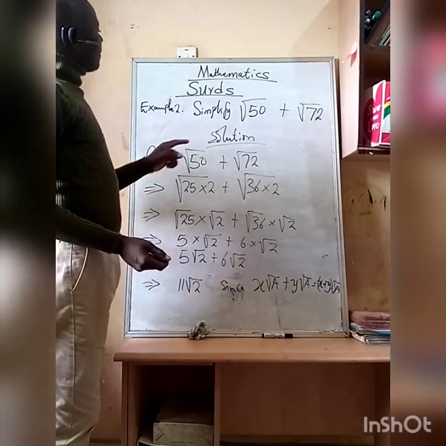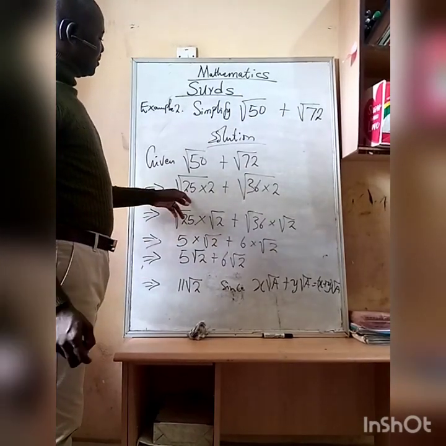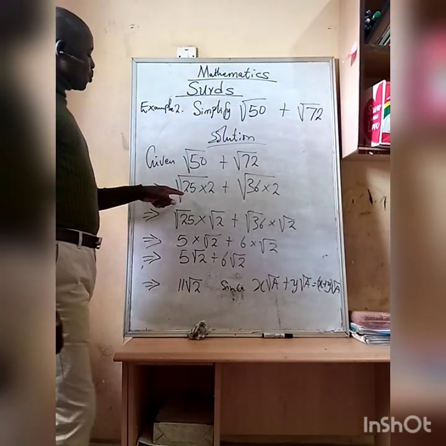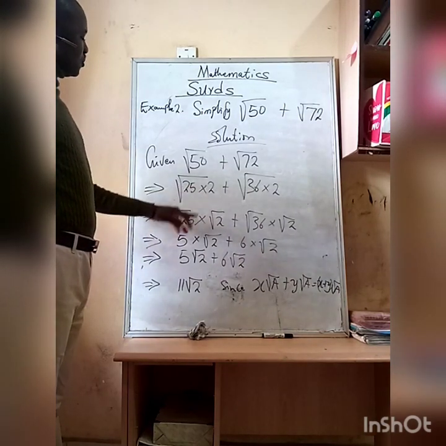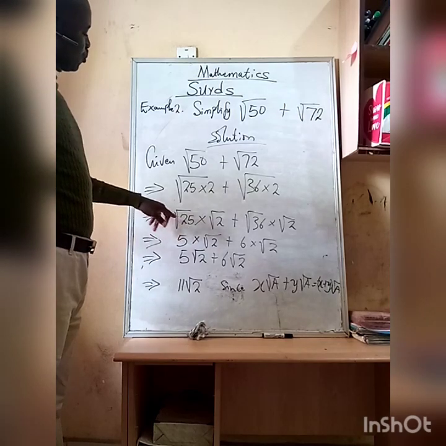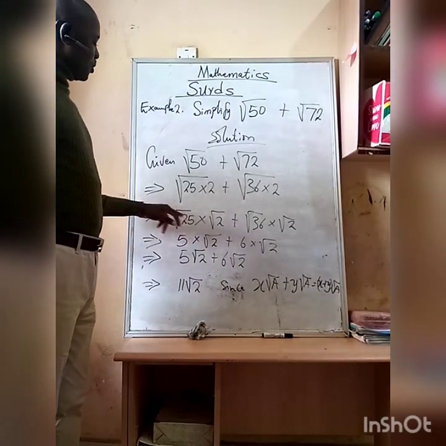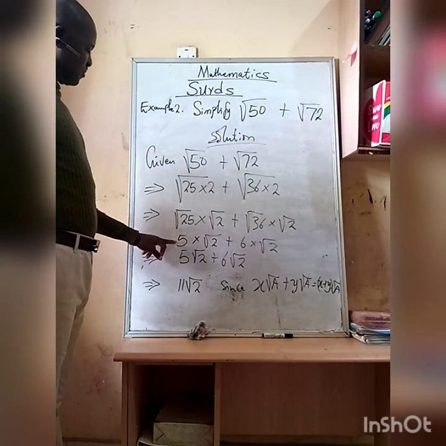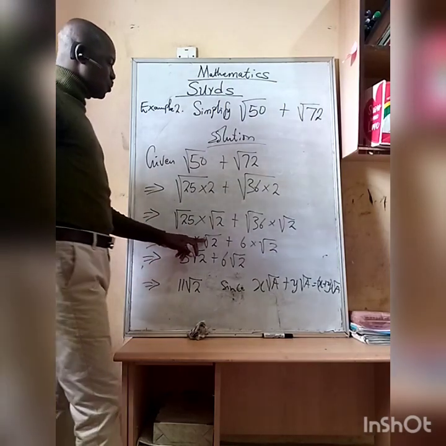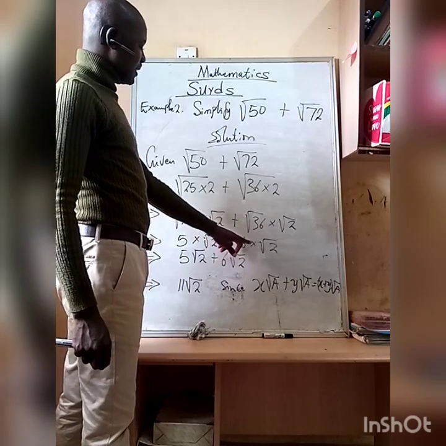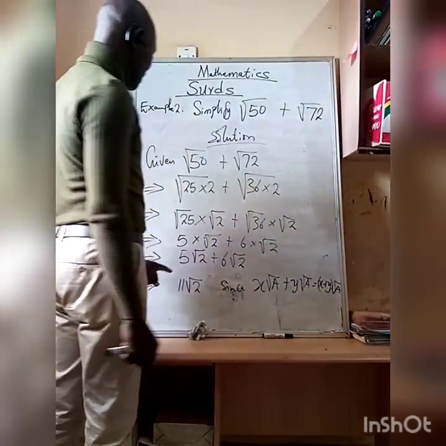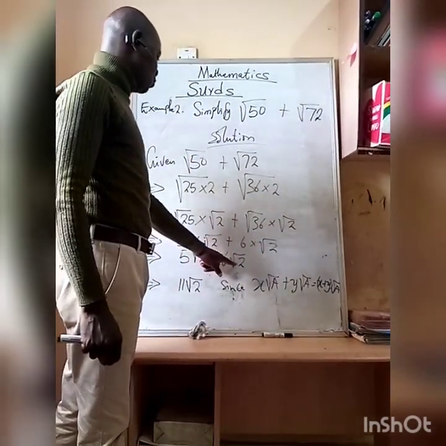So we apply the multiplication law to simplify this, and we split this into root 25 times root 2, 25 being a perfect square leaves us with 5 times root 2, plus 36 being a perfect square leaves us with 6 times root 2. Now we have 5 root 2 plus 6 root 2.